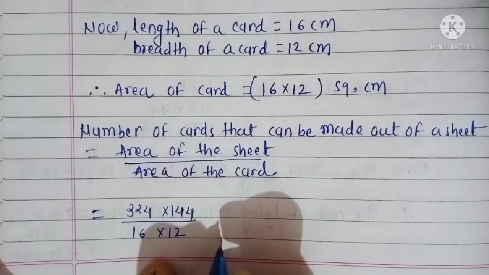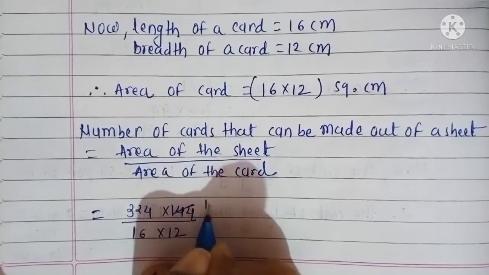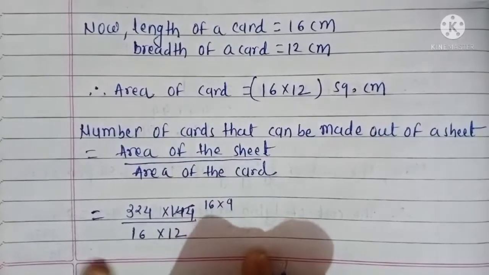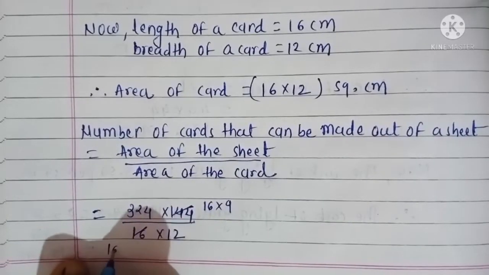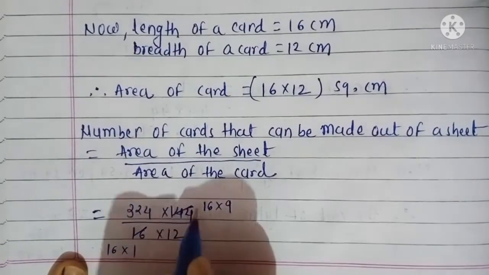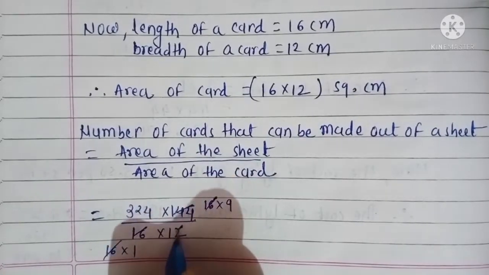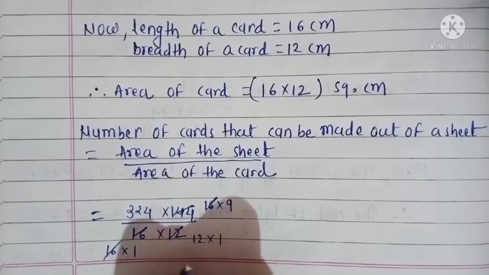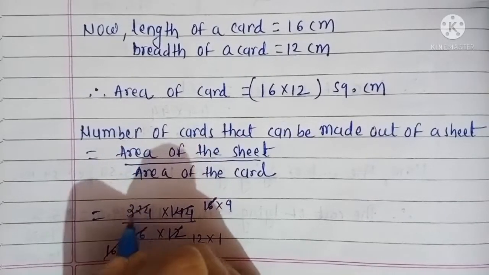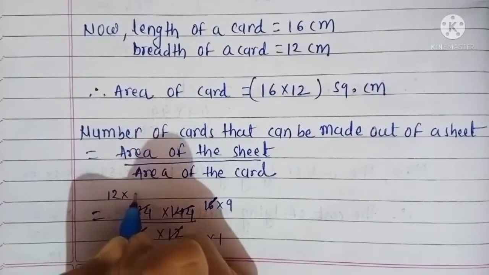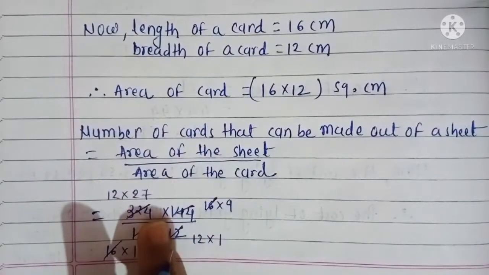Here we observe that 16 nines are 144 and 16 ones are 16. So 16 cancel. Same, 12 ones are 12 and 27s are 324.